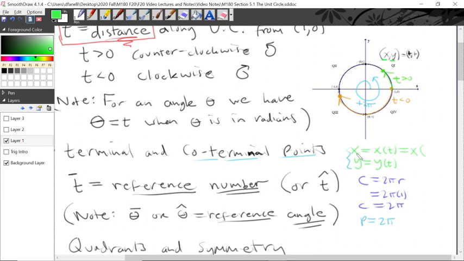That is, the x-coordinate for a given value of t is always equal to the x-coordinate of the same value of t plus 2π, because if we add one complete cycle, one complete circumference, to the value t, we're always going to return to the same point. And the same for the y-coordinate. y of t is always going to equal y of t plus 2π by this construction.